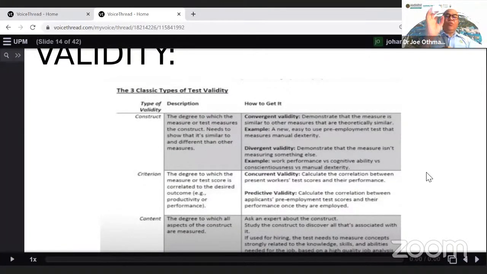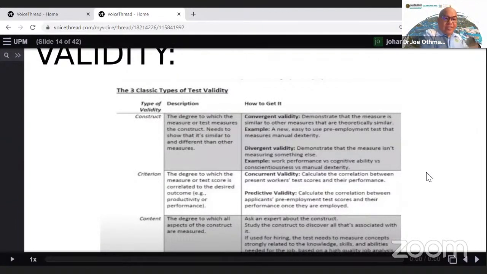So that's what validity is. We have three types. One is content validity. When we create a test, let's say 10 questions or 20 questions, or a survey, PhD and master's students usually do surveys. They like to do surveys if they are using quantitative methods. Even qualitative research also has surveys. Then you have to send it to experts. If it is medical, send it to a medical expert.